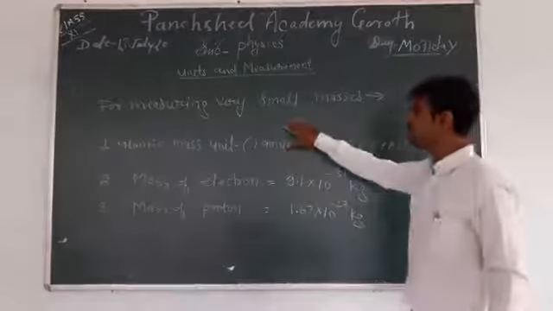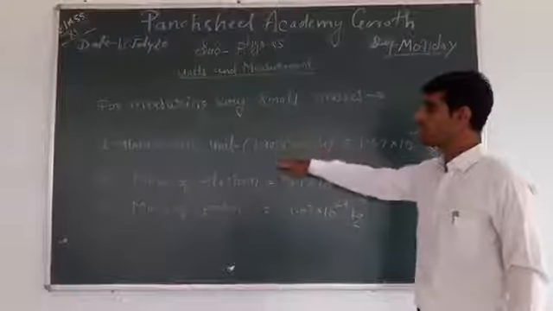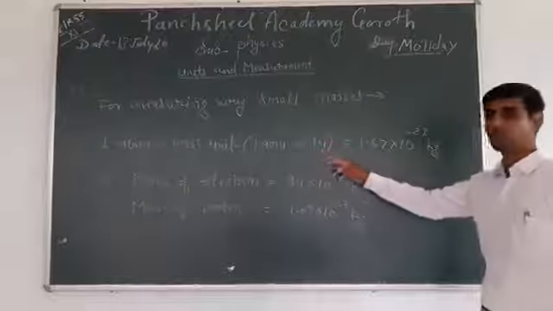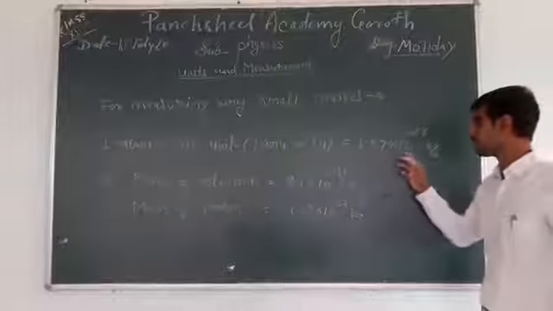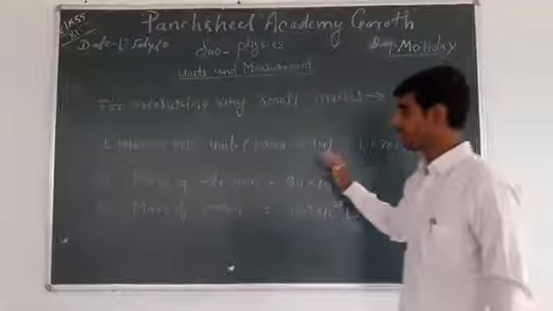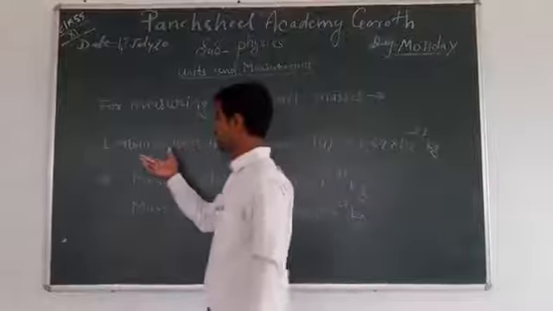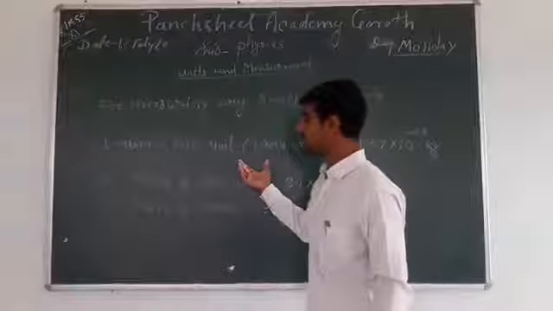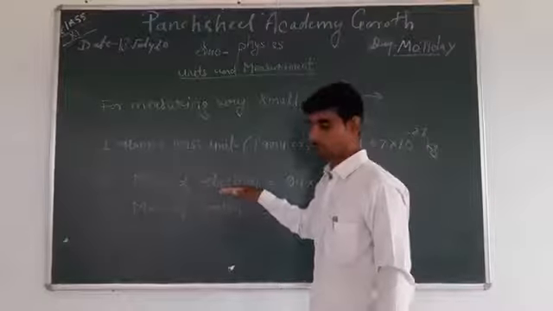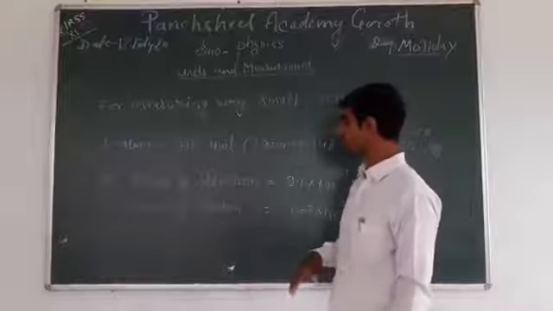For measuring very small masses, one atomic mass unit: 1 AMU or 1 u equals 1.67 into 10 to the power minus 27 kilogram. It is used to measure the mass of electron and the mass of proton.